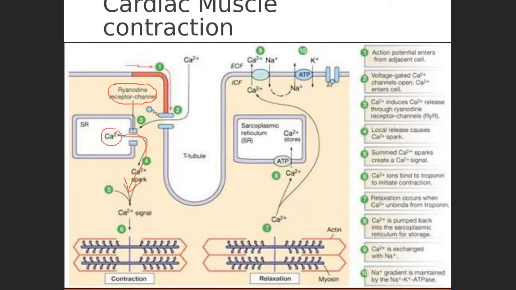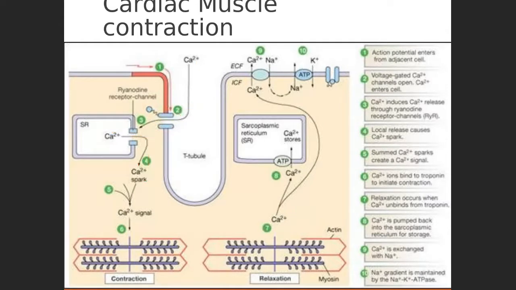Now, that's an awful lot of calcium right there and then. Calcium entering the cell through its voltage-gated channels. Calcium then leaving the sarcoplasmic reticulum. That series of events right there we call calcium-induced calcium release.